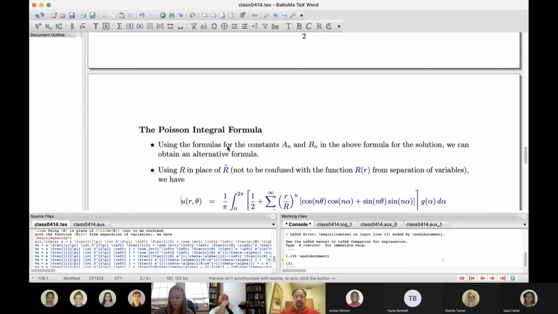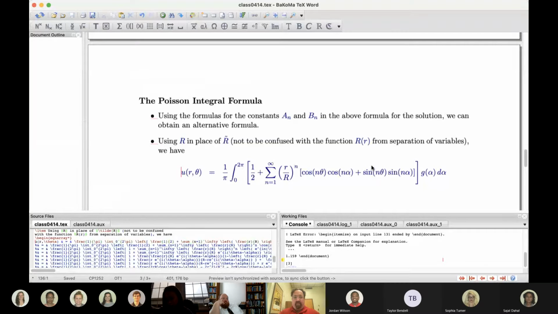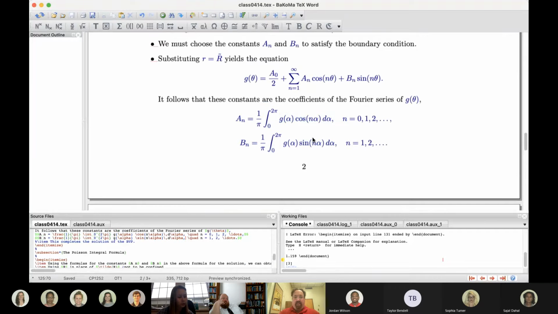So what I've done to get this is I take these formulas for A_n and B_n and substitute them in here. Then here we have an integral, here we have an integral, here we have an integral, all from 0 to 2 pi. So what I can do is move everything inside the integral from 0 to 2 pi.